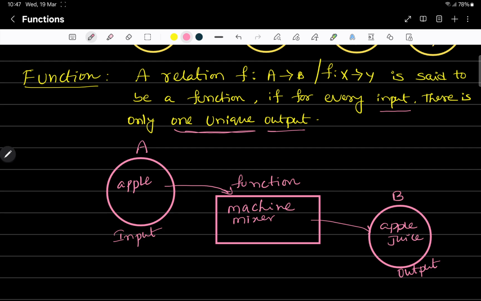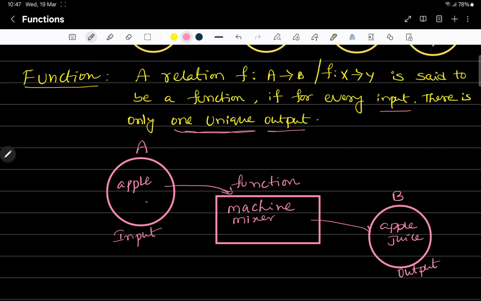Apple juice is your output. So here you have to understand, you are giving only apple, so you are getting only apple juice. Like this, if you give orange, you will get only orange juice. You are not getting any other juice, right? So for every input there is always only one unique output, then only it is called a function.